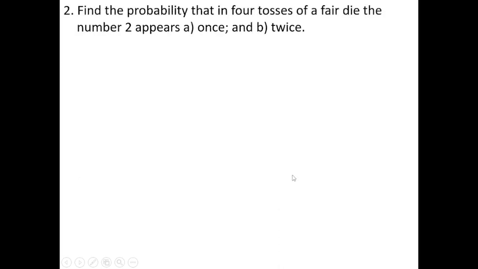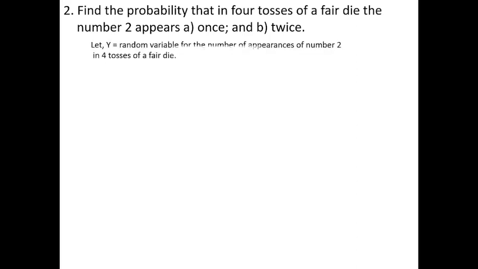So number 2, find the probability that in 4 tosses of a fair die, the number 2 appears once and twice. So we have here tossing a die. Now in tossing a die, we can let y equal the random variable for the number of appearances of number 2 in 4 tosses of a fair die.